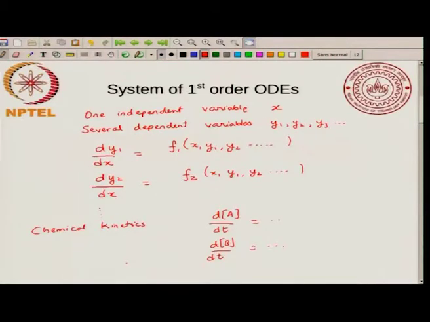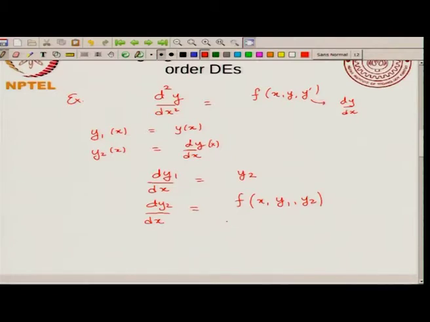So, dy1 by dx is some function of all these variables, dy2 by dx is some function of all these variables. In this case dy1 by dx depends only on y2, it does not depend on y1 or x, but that is also fine, and then similarly dy2 by dx is some function of x, y1 and y2.